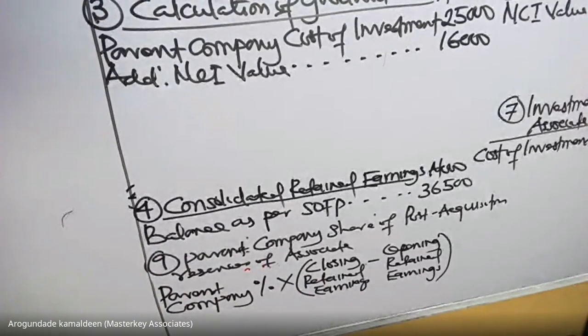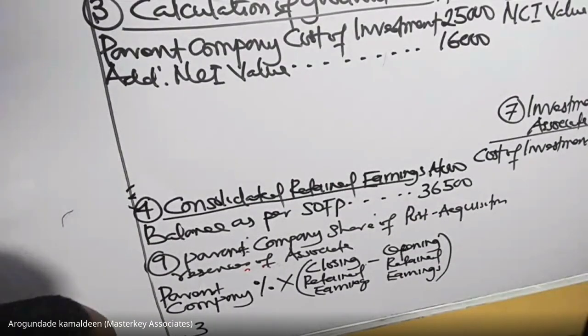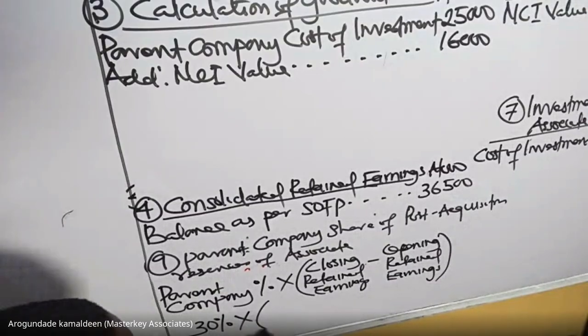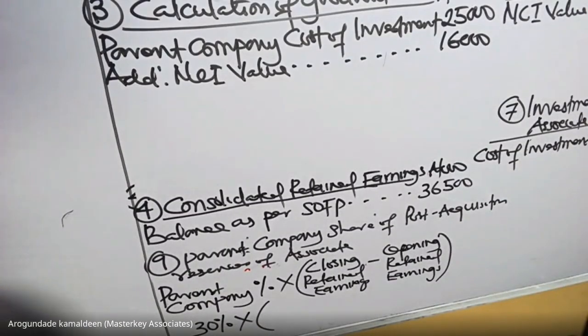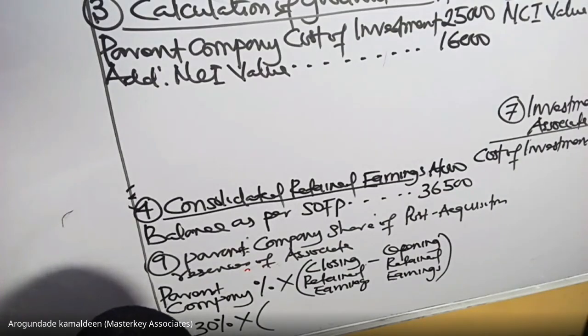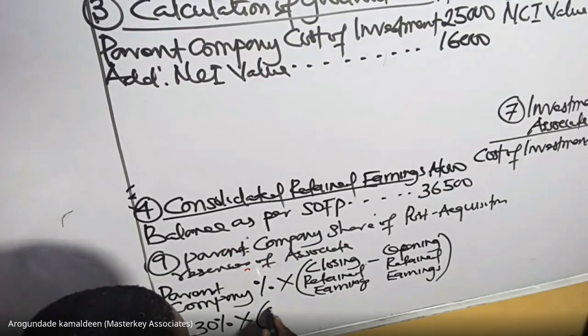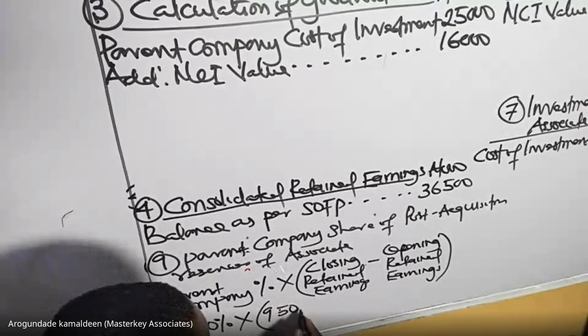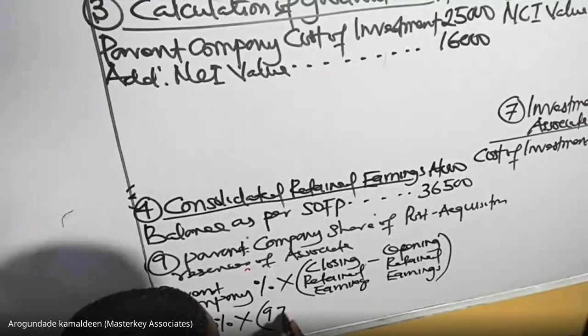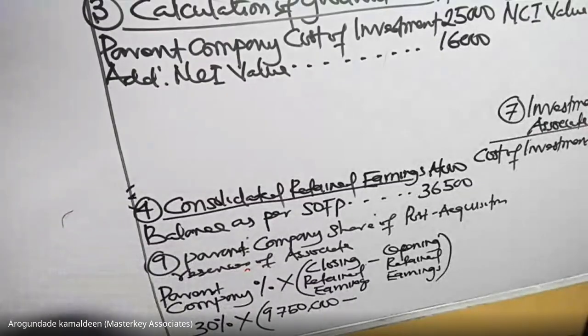So class, what is the closing there? Here we have 9 million, 9,750,000. We have 30% for the parent company. Less the opening.